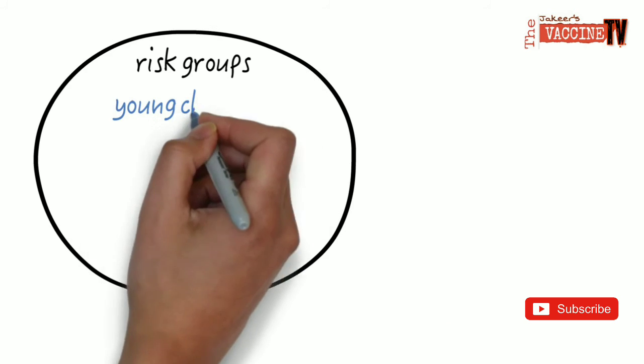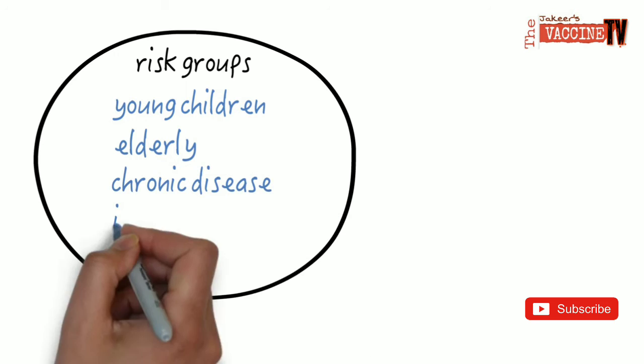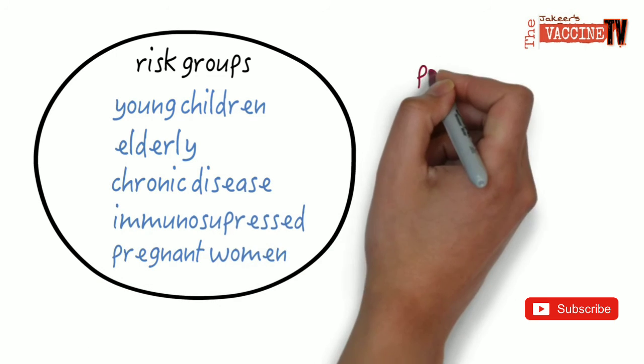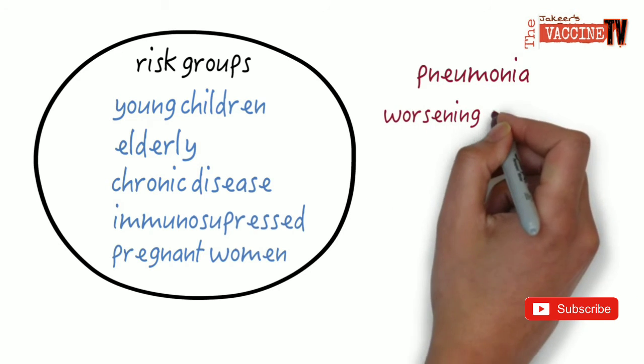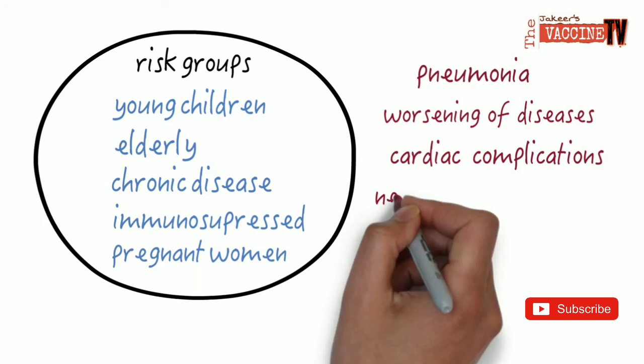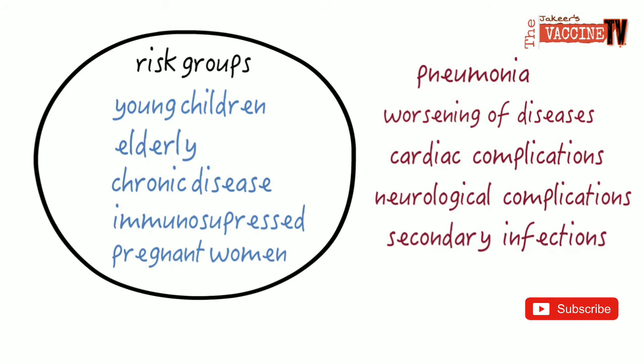These include young children, those who are old, people with chronic diseases like diabetes, heart disease or immune suppression, and women who are pregnant. Complications include pneumonia and worsening of existing medical conditions. Influenza can also cause cardiac and neurological complications. Sometimes secondary bacterial infections can occur, leading to severe disease and death.